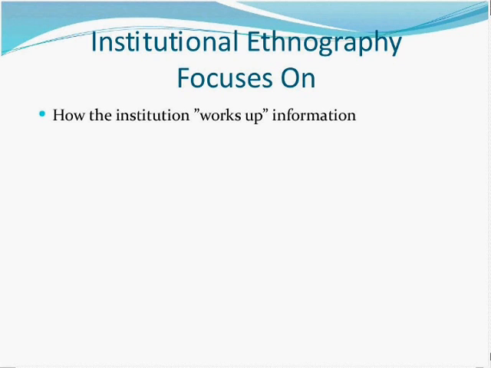Institutional ethnography focuses on how an institution works up information. In other words, if we were to do an institutional ethnography on that restaurant, we'd be very interested in how they worked up my order for 2 scrambled eggs into something that turned out to be 8 scrambled eggs. We'd follow through and find out how that could have happened.